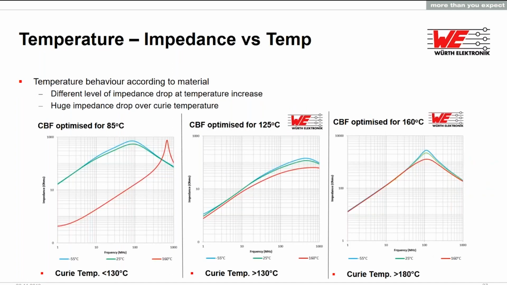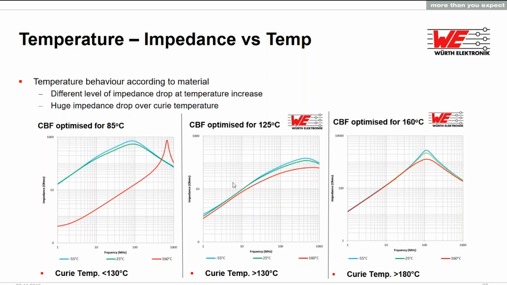Here is an example of 3 different materials. The first material has a Curie temperature less than 130 degrees. This is where you can see that at 160 degrees, it's saturated so much that it no longer looks like the original impedance curve.